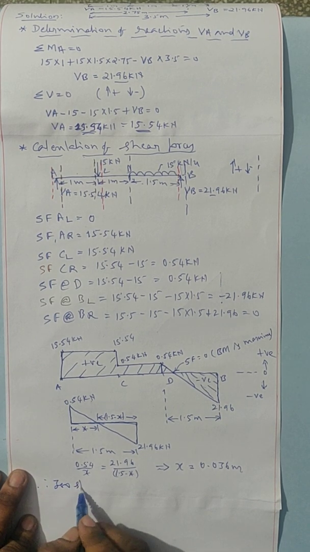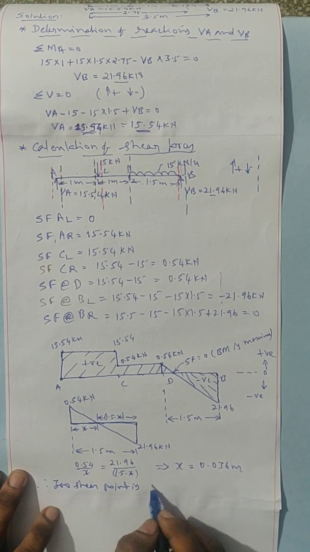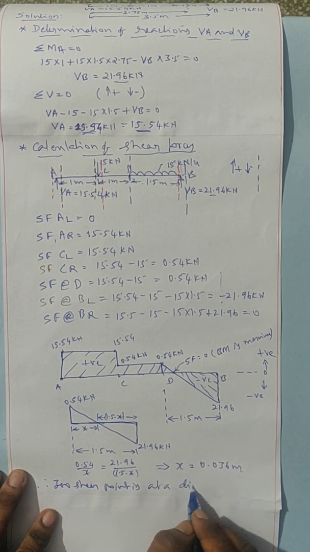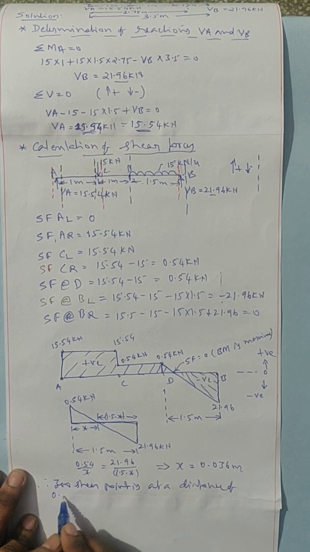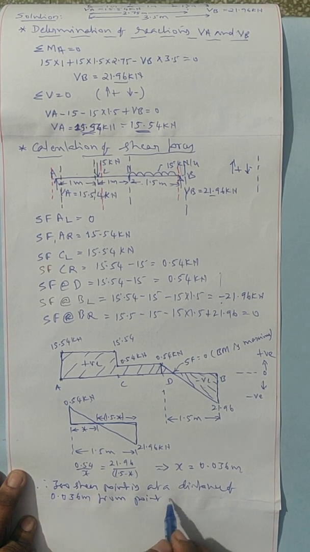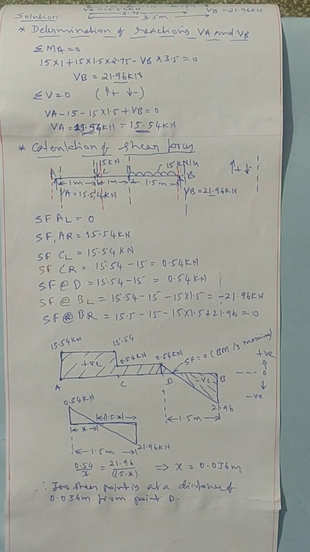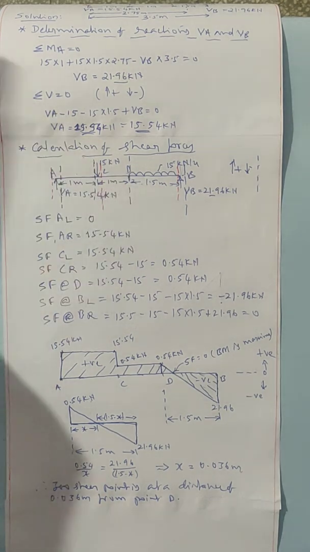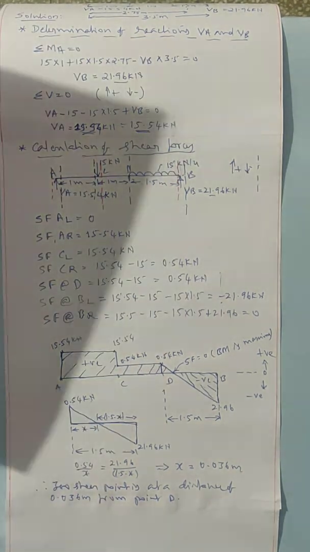Therefore, the zero shear point is at a distance of 0.036 meter from point D. This is the location of the zero shear point.